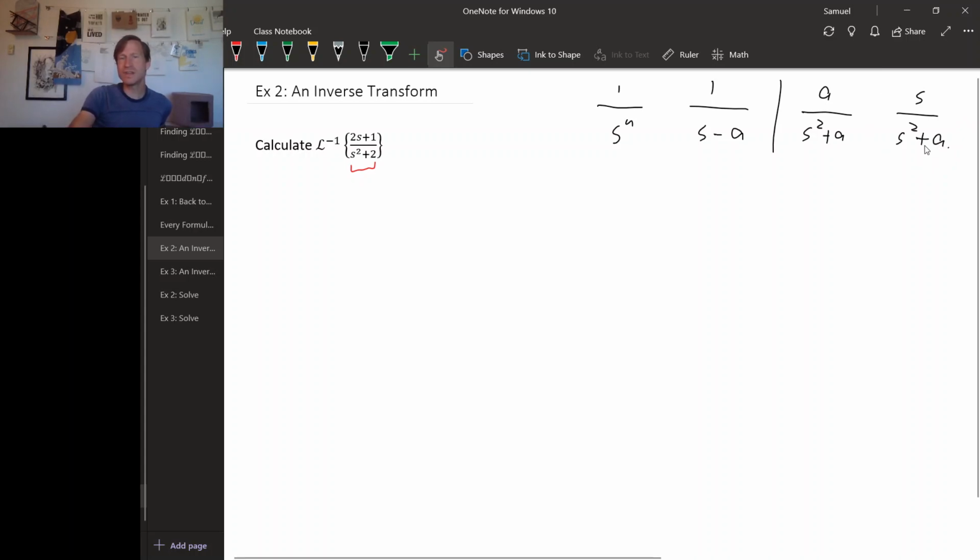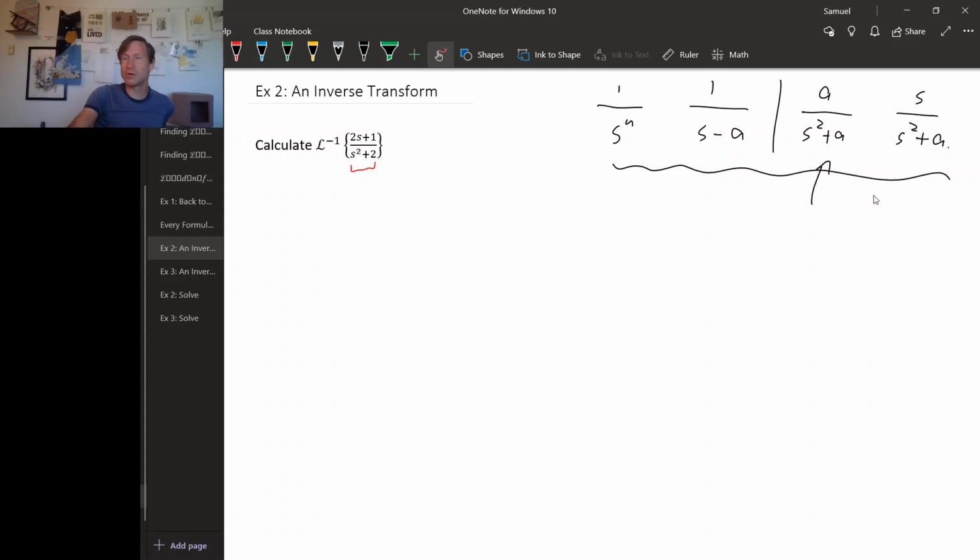So these are the sorts of things that we want to make appear, or we want to rewrite the function of s as sums and possibly constant multiples of these types of things, because we can take the inverse Laplace transform of these. If you look at this particular example, the denominator matches up well with our sine and cosine Laplace transforms.